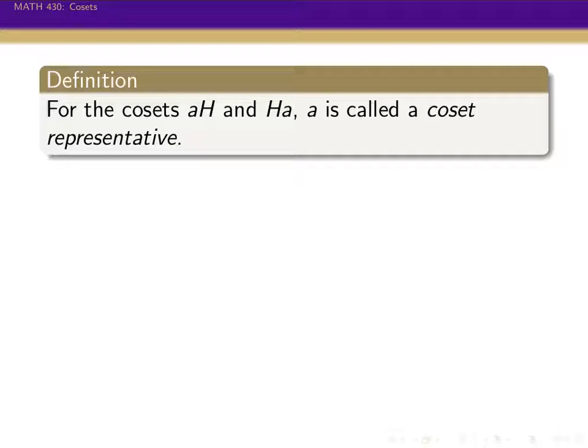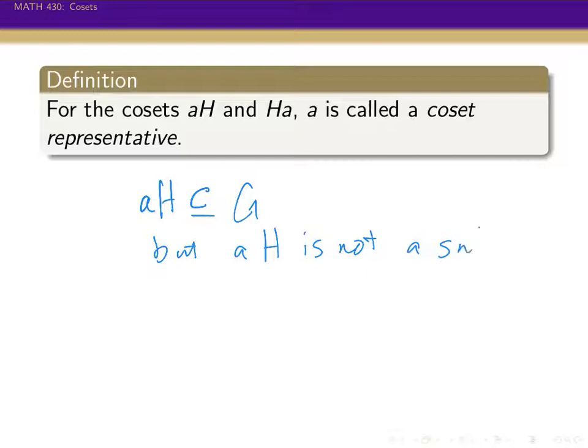So one thing to note is that AH is always going to be a subset of G, because everything in H is inside of G, but AH is not going to be a subgroup unless A is already in H. It can't be a subgroup because it's not going to have the identity in it unless A is already in H. If A is already in H, then A inverse is in there, and so A times A inverse gives us the identity.